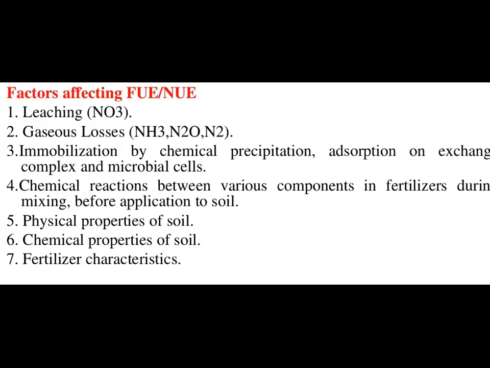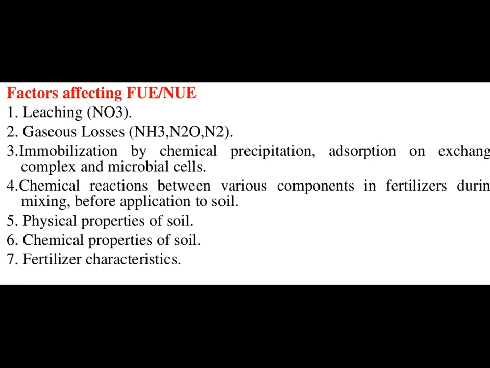Then factors affecting fertilizer use efficiency or nutrient use efficiency. That is, leaching of NO3. Leaching means fertilizers or nutrients get leached below the root zone. Number 2, gaseous losses of NH3, NO2, and N2.